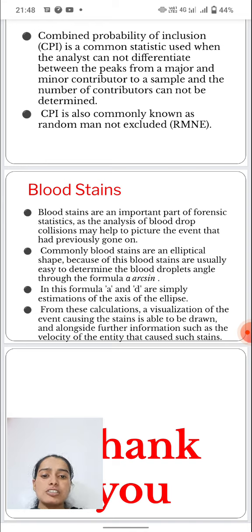From this calculation, a visualization of the event causing the staining can be drawn, alongside further information such as the velocity of the entity that caused such a stain.